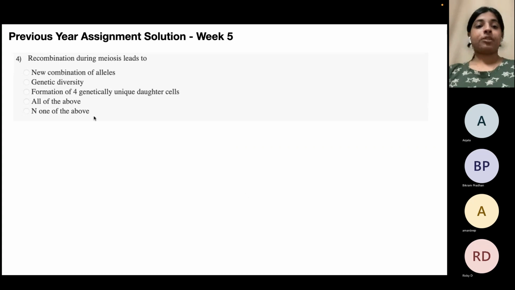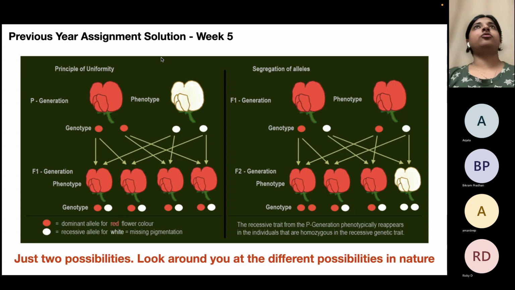The next question was, recombination during meiosis leads to what? So earlier, I'm sure all of us would have studied Mendelian genetics. Mendelian genetics initially proposed that there are two alleles of the same gene present in every cell.